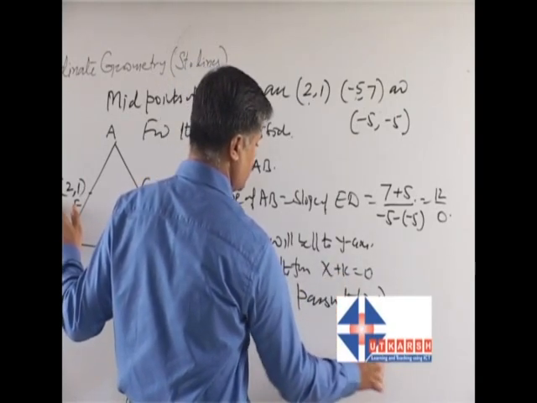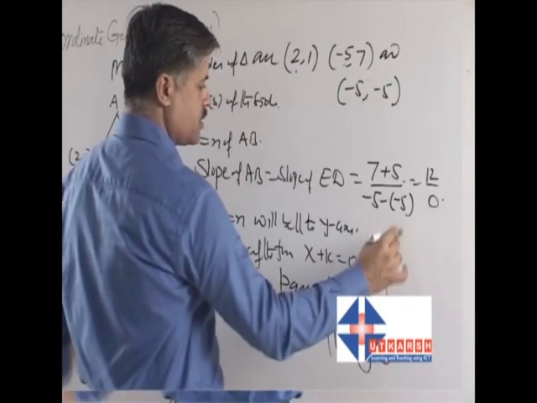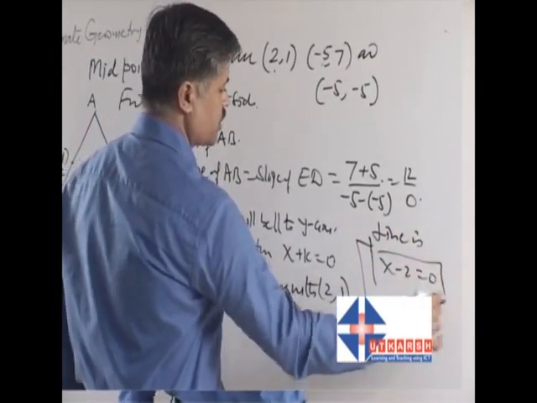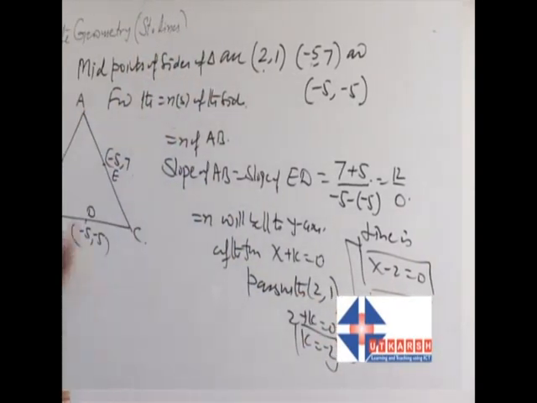So k is equal to minus 2. So the line is x minus 2 is equal to 0. This will be the equation of the line. The rest you can find easily.